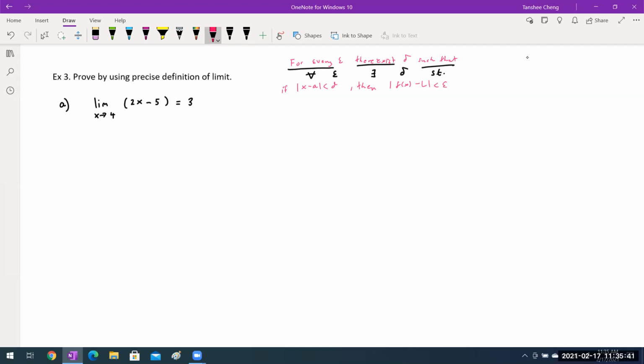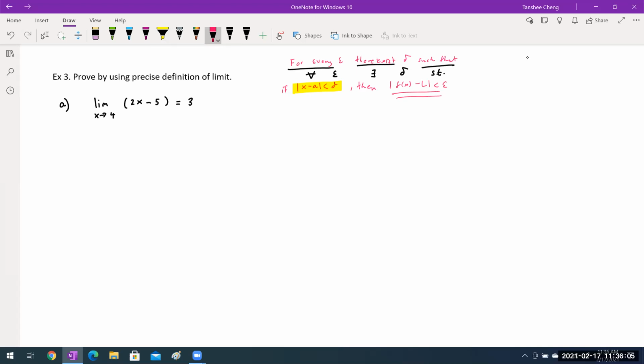So from the previous example, we got an idea of the first thing. In order to directly prove this conditional statement, we need to start from the conditional part, which is this inequality, and manipulate it to reach what?